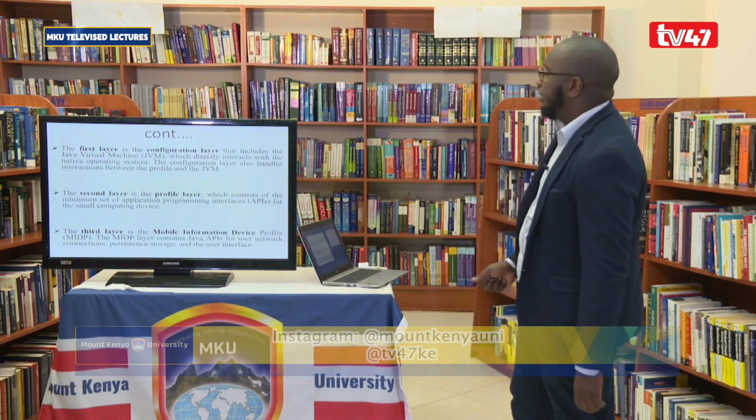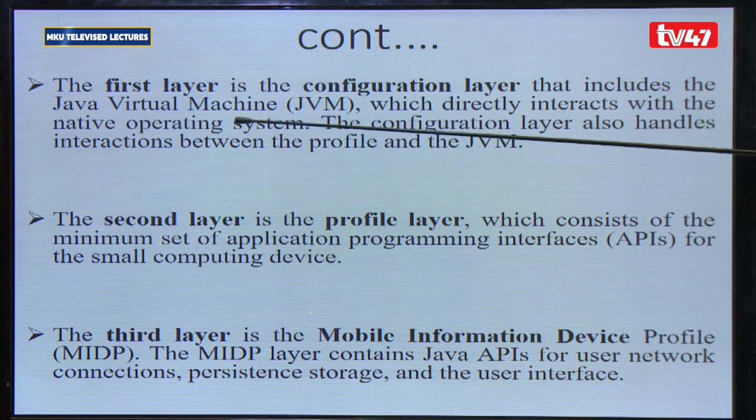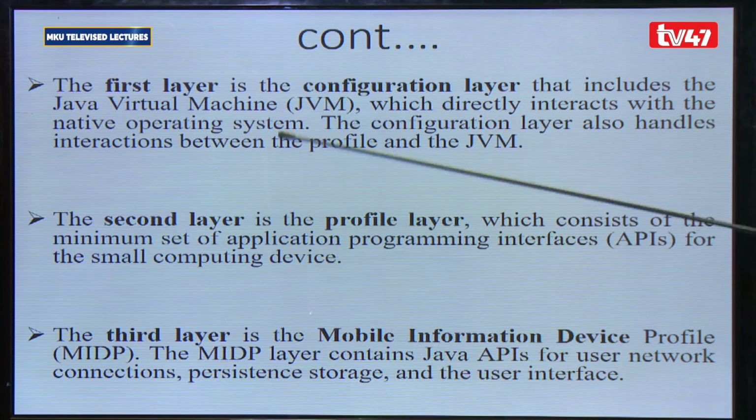So let's go and discuss the three layers you'll find there. We have the first layer, which is called the configuration layer. That includes the Java virtual machine, which directly interacts with the native operating system.